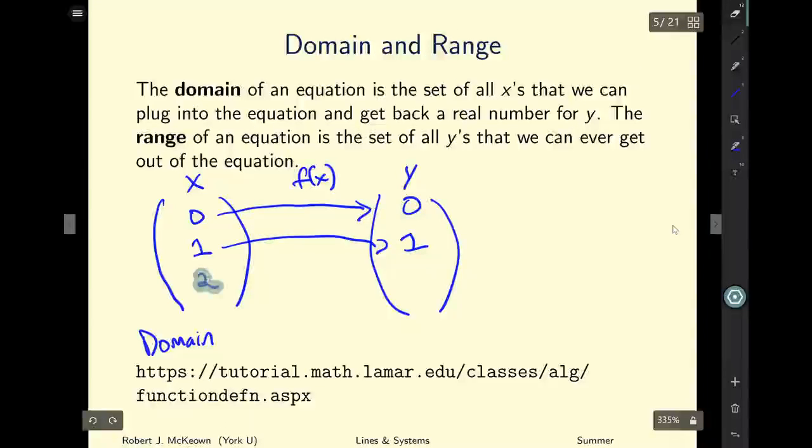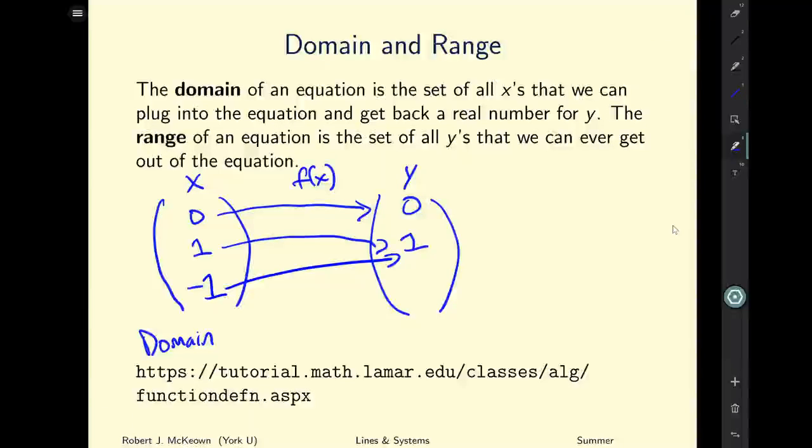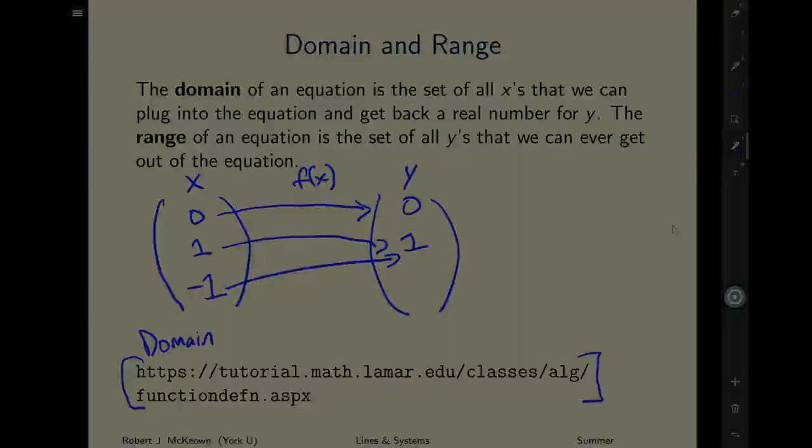In fact, I'm going to just change this one to a -1, like in our previous example. And -1 also maps to y equals 1. So the function is mapping from the domain into the range. And if you want to read more about it, I found a neat website down here that you can read more about domain and range and what a function is and what a function is not.